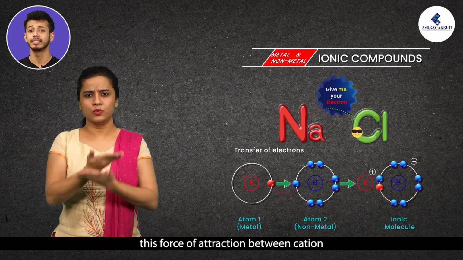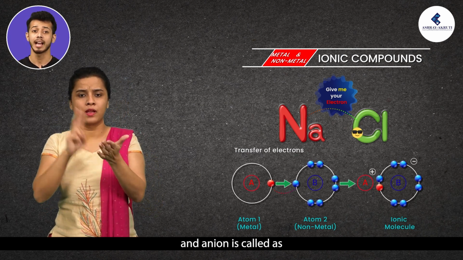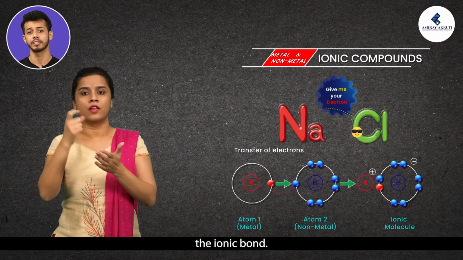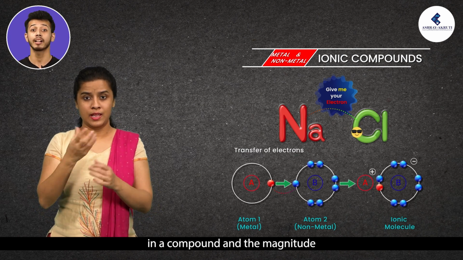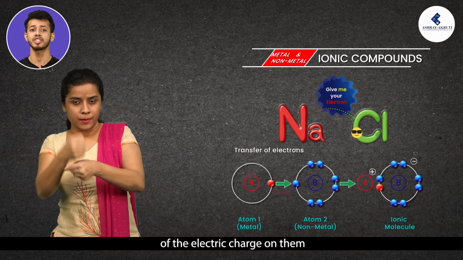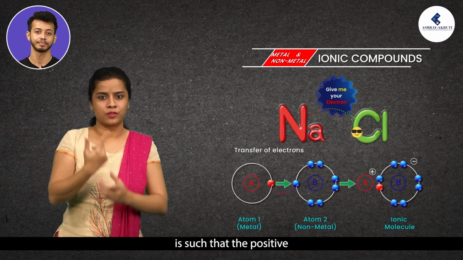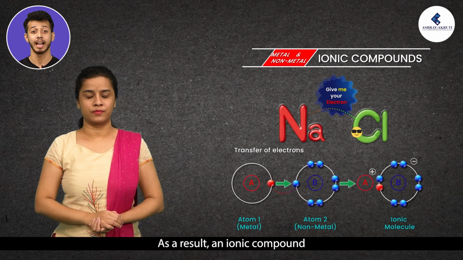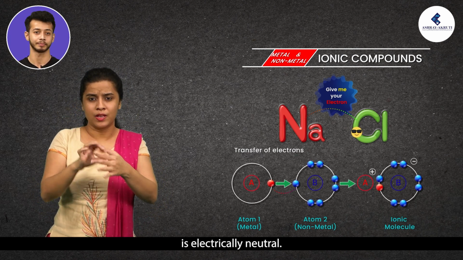You know that this force of attraction between cation and anion is called the ionic bond. The number of cations and anions in a compound and the magnitude of the electric charge on them is such that the positive and negative charges balance each other. As a result, an ionic compound is electrically neutral.